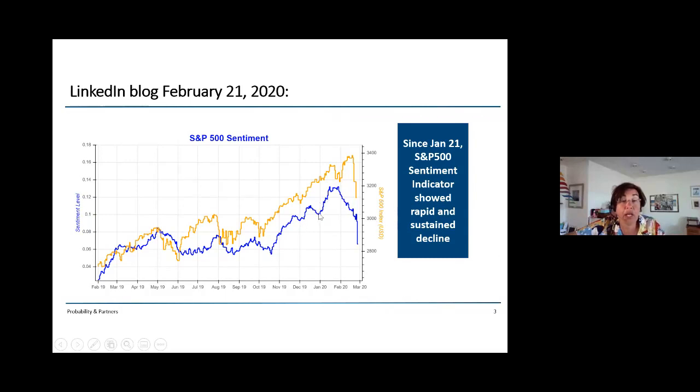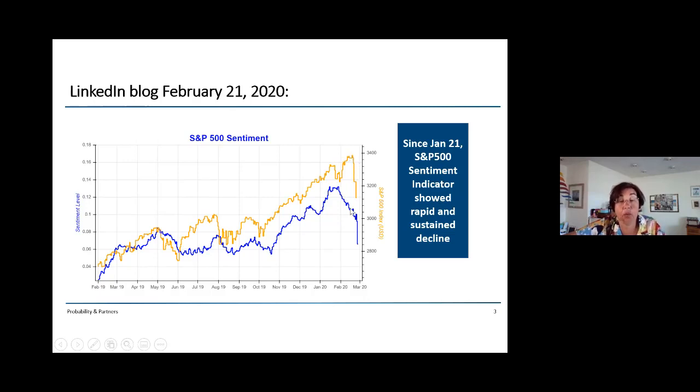Around the end of January, January 21, we noticed that the sentiment indicator that we construct ourselves from news messages all over the world has shown a rapid and sustained decline, which looked almost nothing like as bad as we've seen in the last few years. And this decline was completely not reflected in the price moves.